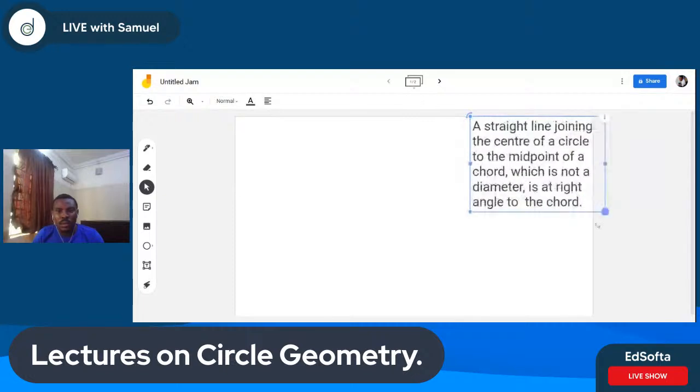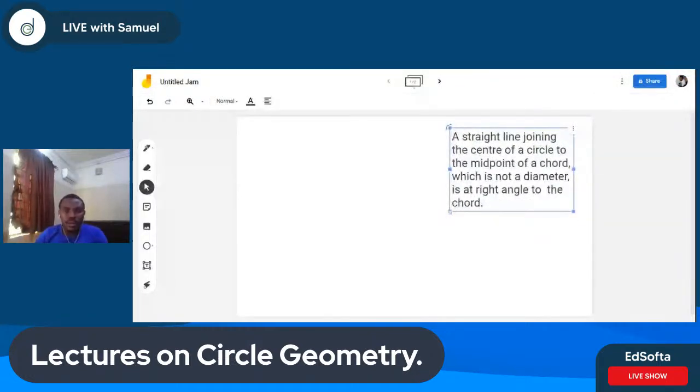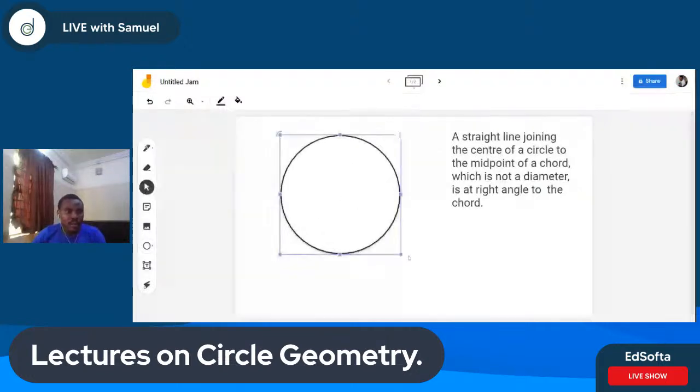So a straight line joining the center of the circle to the midpoint of the chord is, so let's look at that. You can have a circle.